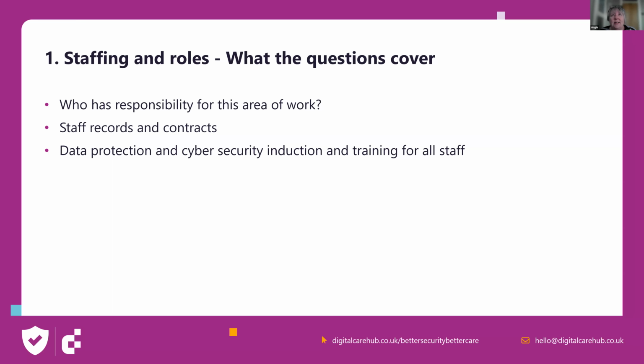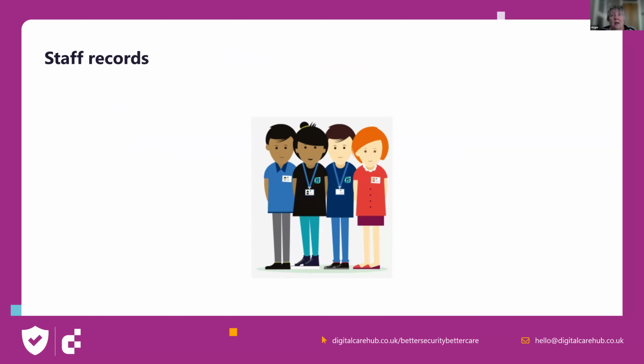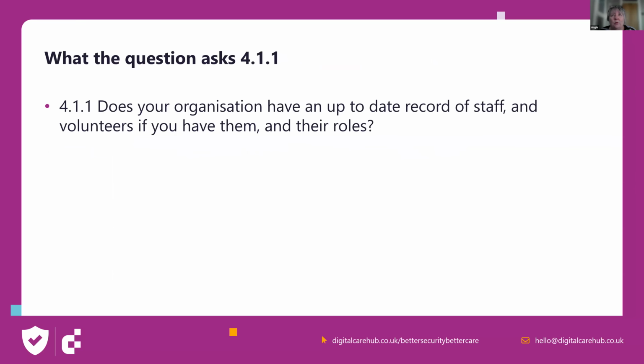Okay, so if we could go to the next slide. We're just going to talk through one question now. It's important that you keep up-to-date records of both your staff and volunteers, if you have them, and their roles. Most people have this, so this is question 4.1.1. Does your organisation have an up-to-date record of staff and volunteers, if you have them, and their roles?